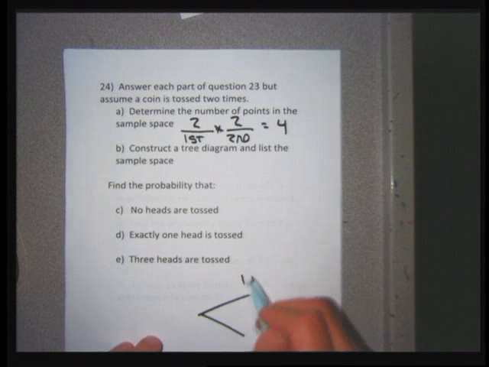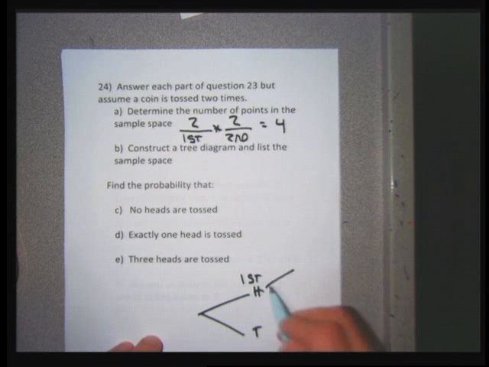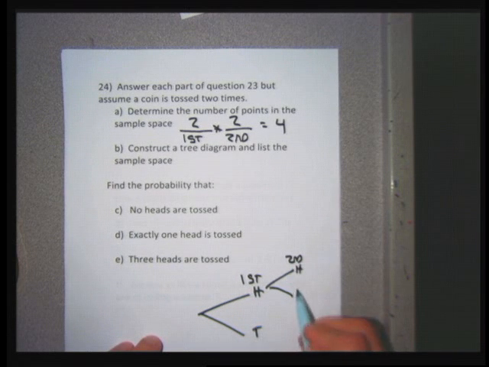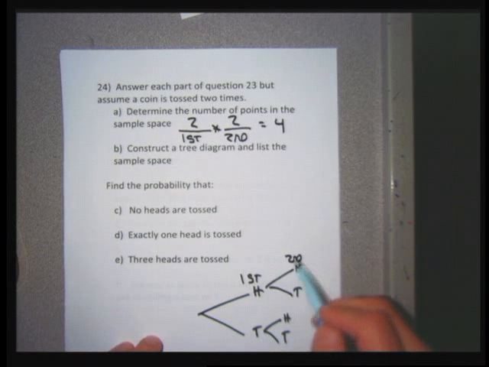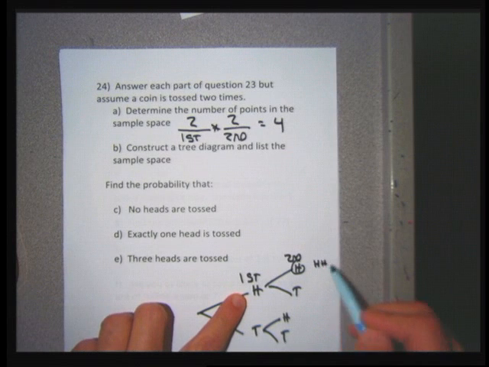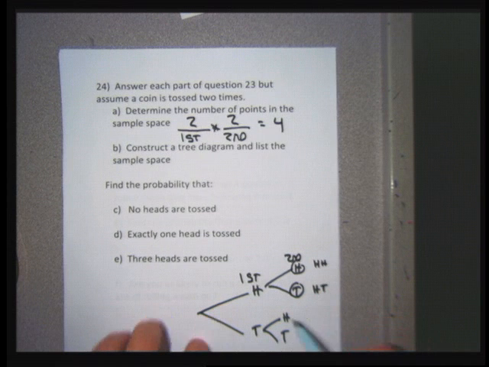So we have a first flip, which can be head or tail, and a second, which could be head or tail. This is so much nicer. This head right here represents getting a head first and a head second. This tail right here represents getting a head first and a tail second.